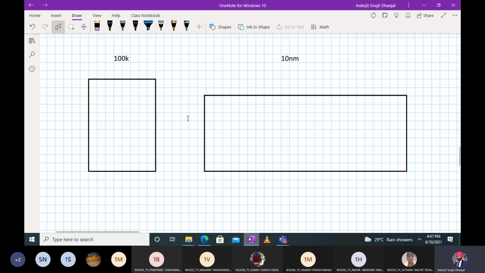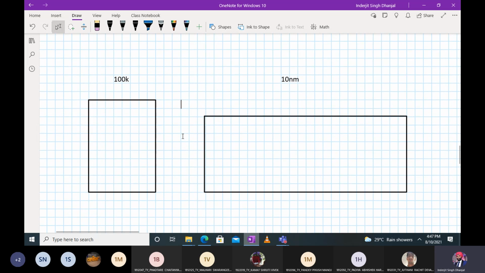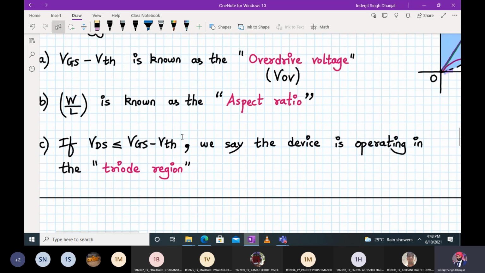So that's why there is a problem of space requirement for resistors. We don't use resistors too often in integrated circuits. This is a very crude way of explaining. I will be showing you all the actual layouts later, but this is a very basic structure. Resistors occupy more space in integrated circuits.